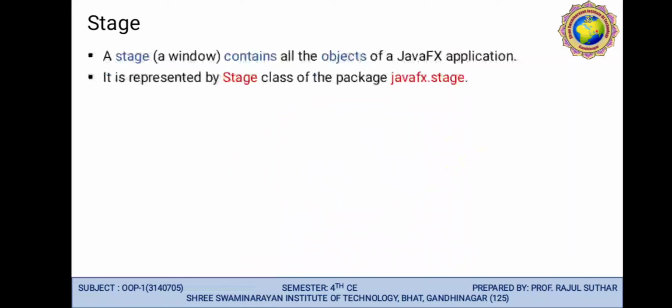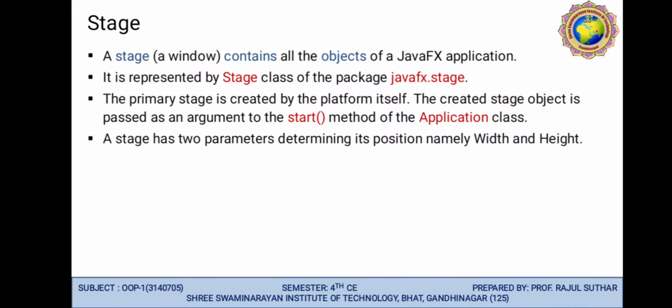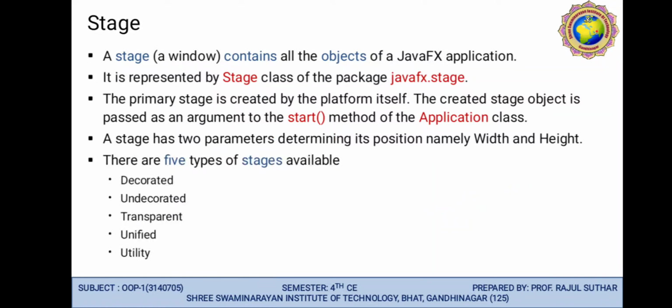It is represented by the Stage class of the package javafx.stage. The primary stage is created by the platform itself. The created stage object is passed as an argument to the start method of the Application class. A stage has two parameters that determine its size, namely width and height.